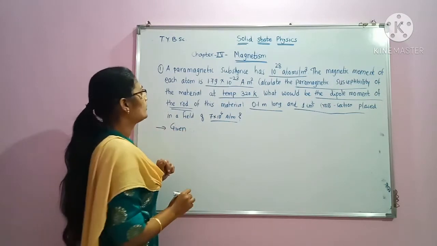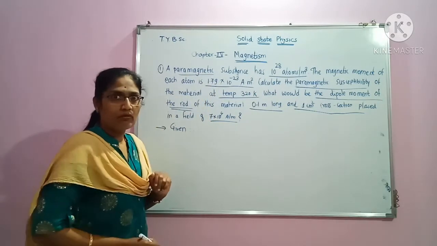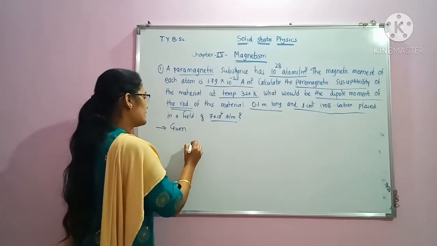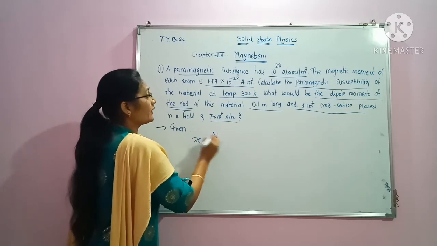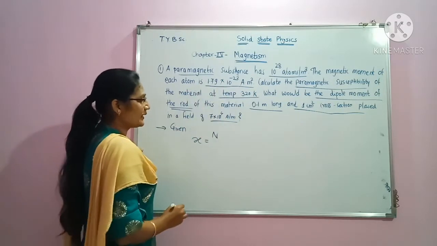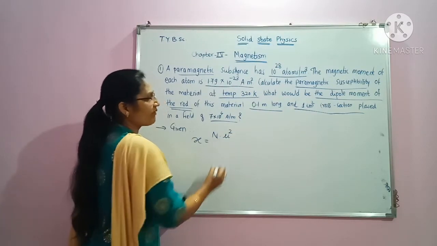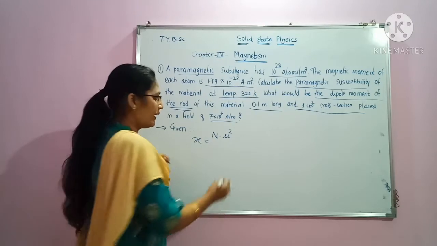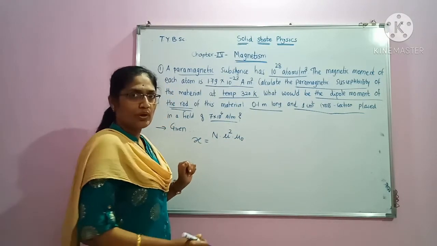First of all, we know that the paramagnetic susceptibility of the material is given by the number of atoms present in the substance into the square of the dipole moment into mu zero. What is mu zero?